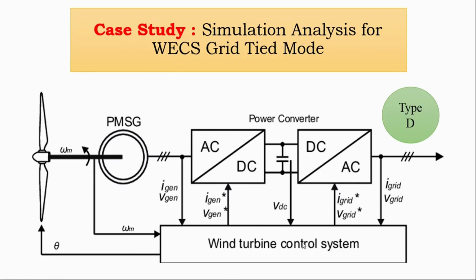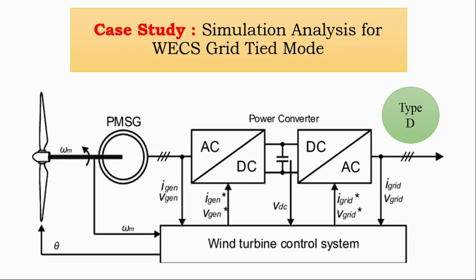Obviously we have the wind turbine control system. In that case, it generates the reference voltages and reference current from the control system at a particular omega m. This theta is useful for pitching of the blade after the wind hits above the rated wind speed of the wind turbine.